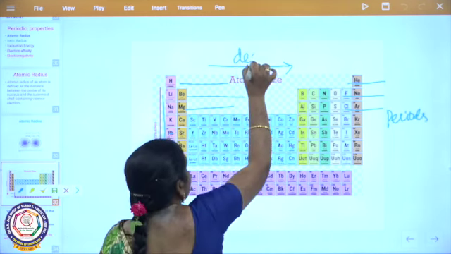Down the group, if you compare the atomic size from top to bottom, it increases. Both ways they are arranged in increasing order of atomic number, but the size decreases along the period and increases down the group. Why? There is a variation in the size of an atom.